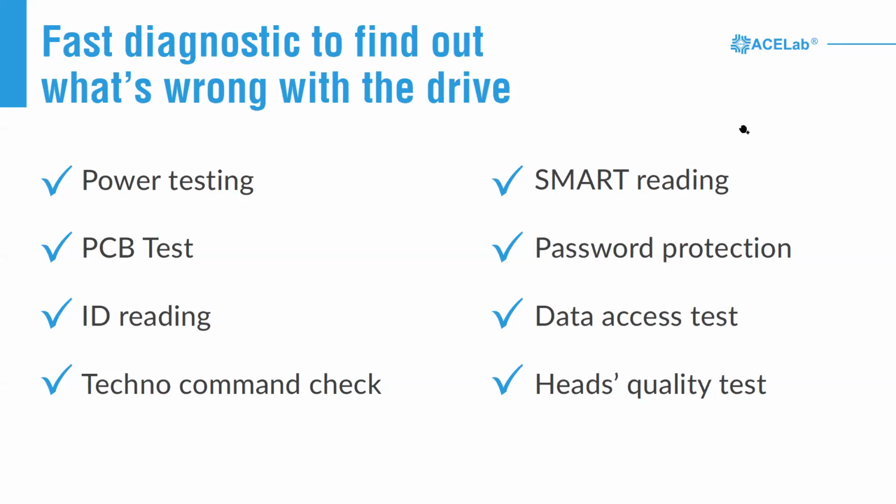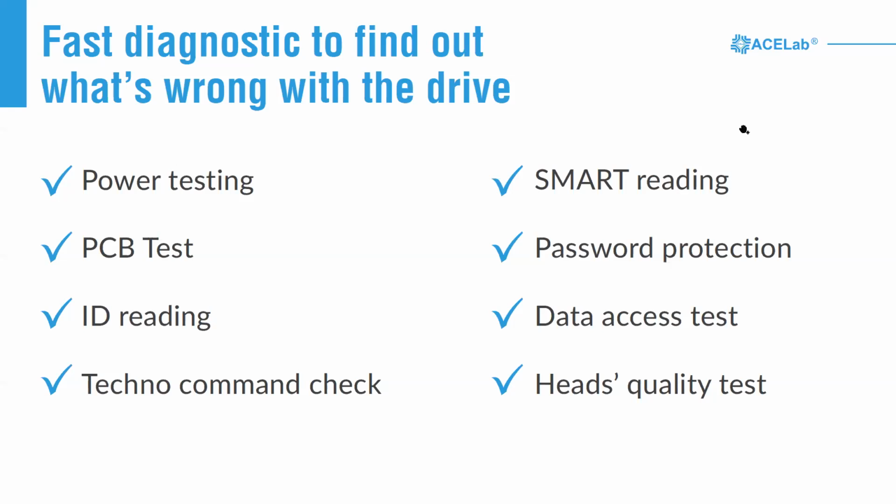And of course, in the end, it will analyze the heads quality, because you know that one of the main reasons of hard disk drive corruption is a heads failure. So with the help of EasyMode, we can try to analyze it and find out what's wrong with the drive, how we can fix it. Because again, it's amazingly important when you are analyzing the hard disk drive to understand what exactly is wrong with the HDD. If you don't know what exactly is wrong, you can add a lot of new problems to the drive.